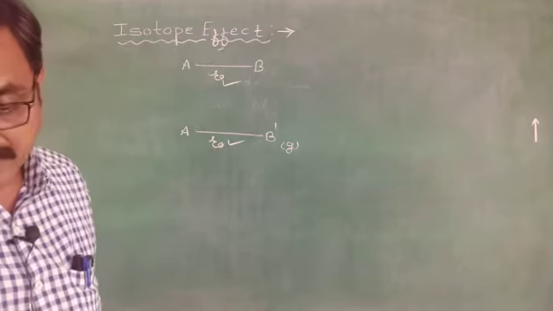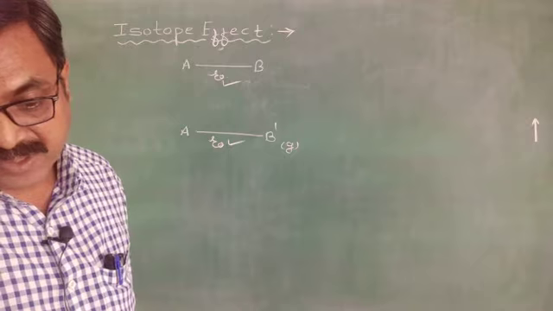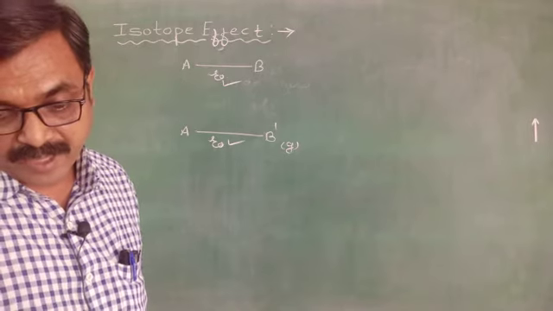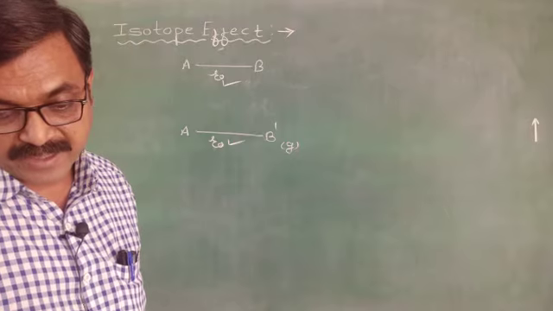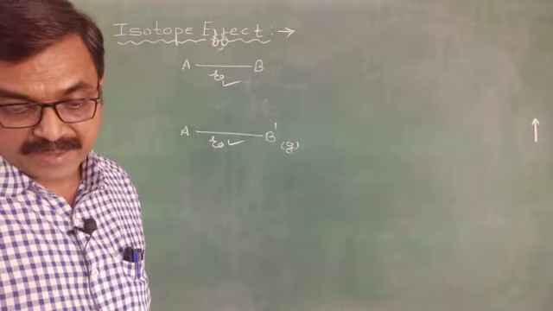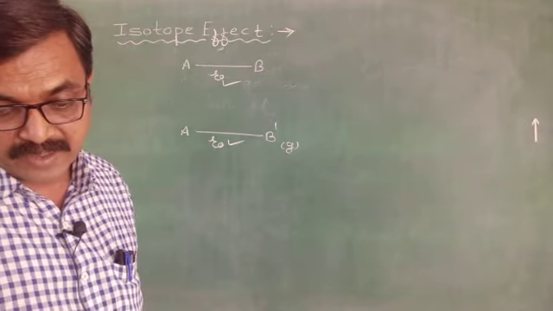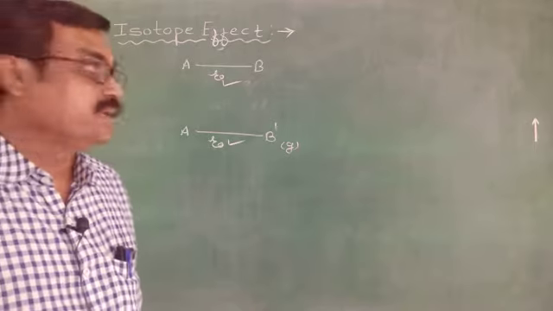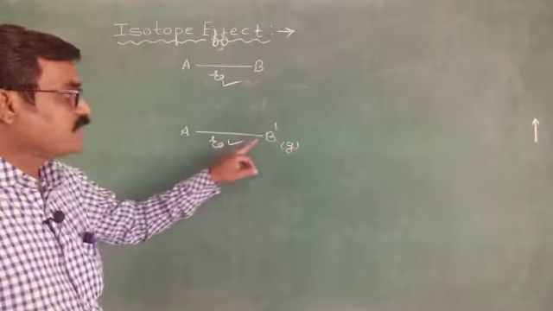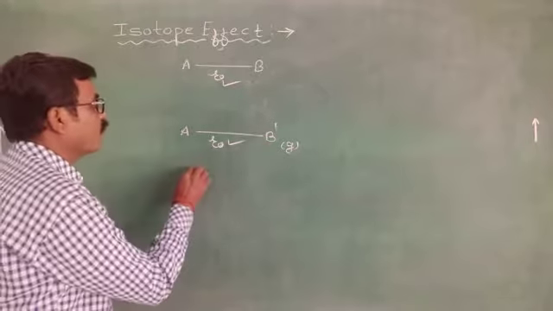Now this phenomenon of isotopic effect is explained in such a way that the molecule with higher mass has higher reduced mass. Here the reduced mass of AB dash will be more.